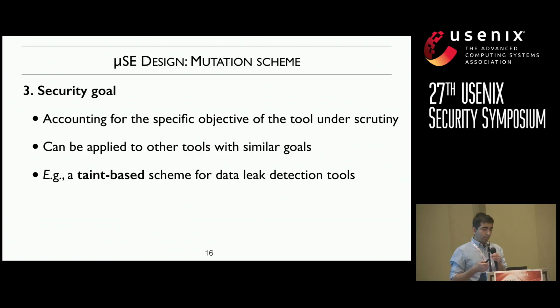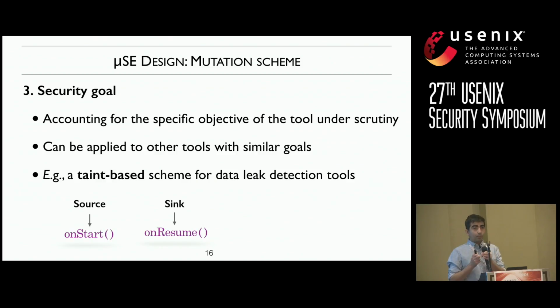Finally, there are also schemes based on the security goal of the tool that we are analyzing. This helps Muse to generate mutants that are modeled for a specific class of tools. For example, one of the schemes for data leak detection tools is the chain-based operator placement. Consider one instance of this scheme.